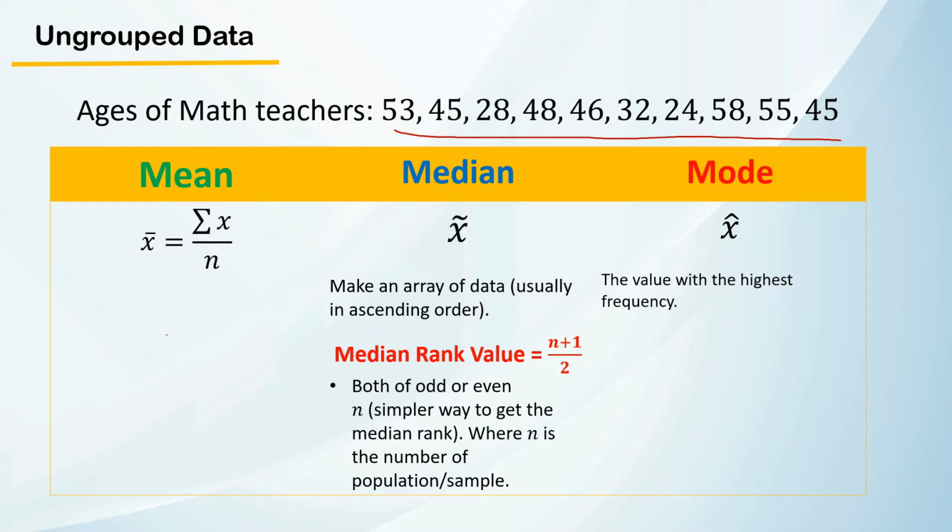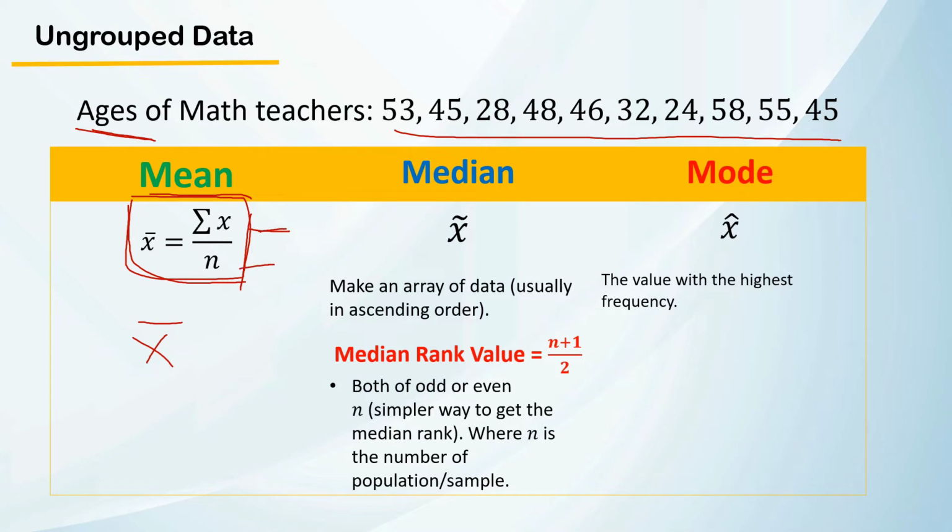Mean is represented by X bar, and the formula in finding the mean of ungrouped data is this. X bar is equal to the summation of X all over N, wherein the X here are the ages of math teachers, and N is the number of ages.